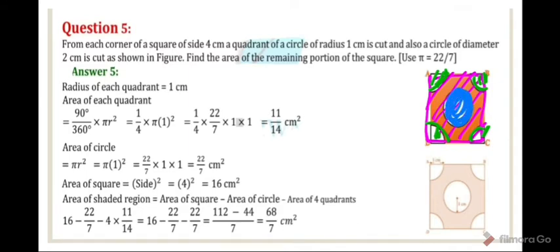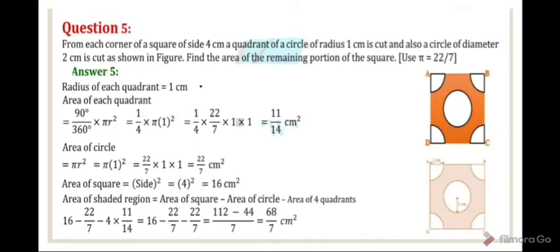If you subtract the green portions from the area of the square, you will get the orange portion. So first I have to find the area of the square, then the area of 4 quadrants, which are equal, and the area of the middle circle. So let's check the solution.